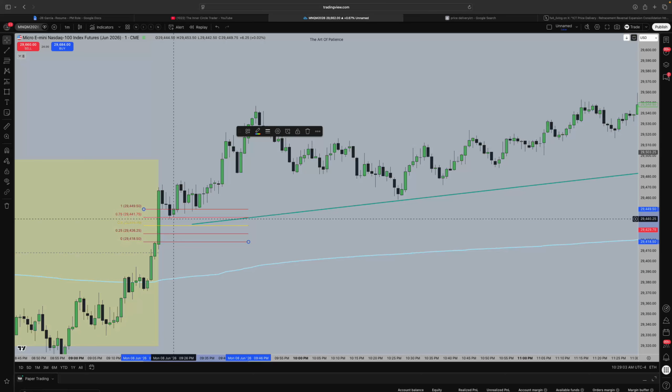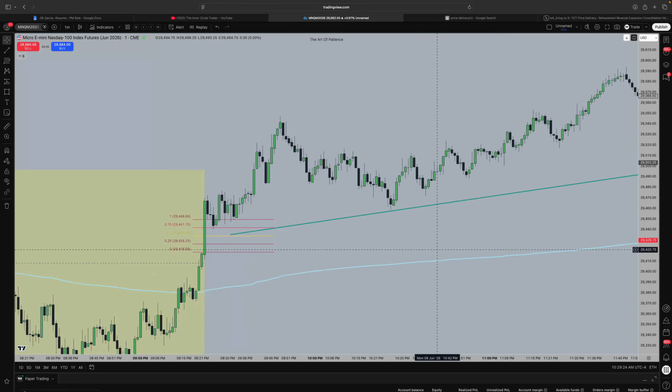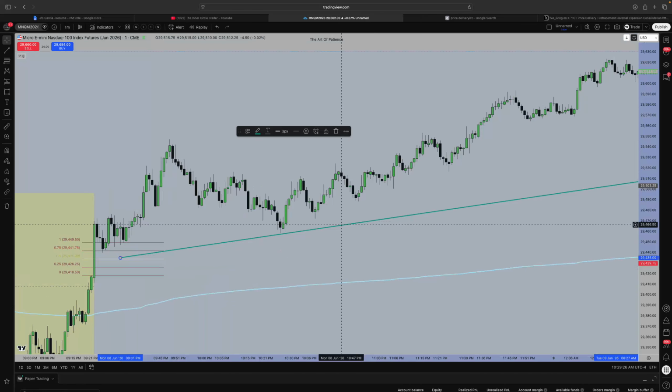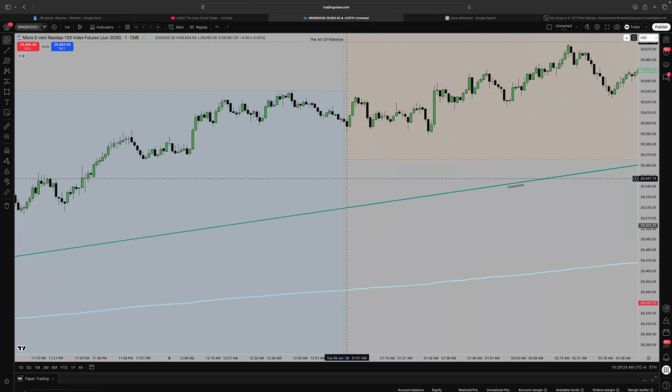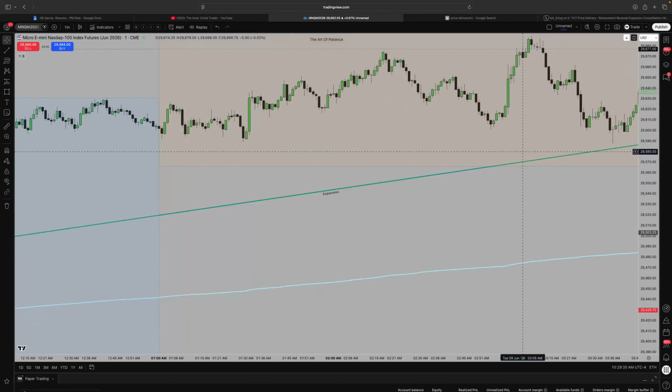Why? Because it did not even want to touch the 0.5 of the midpoint. If price had even touched the midpoint, obviously it would have bounced if we open above it. But if it doesn't come even close to it, that's showing you strength in that trade, in that trend. So this is your expansion move, keeps on going up, up, up, up, up.